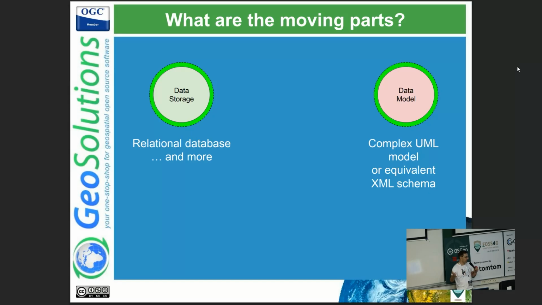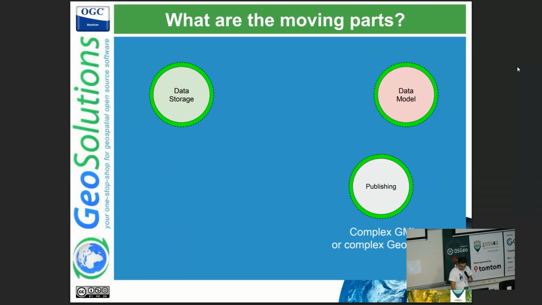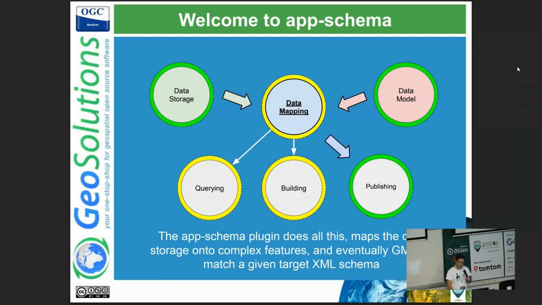Nowadays, it could be JSON-LD, but you have a target structure that you need to map. We have the publishing, which could be complex GML or complex GeoJSON, and we have app schema sitting in the middle doing everything on its own. We believe that this is kind of the original sin of app schema. It's trying to do too much. That's what's making it so complicated. We have a very complex mapping.